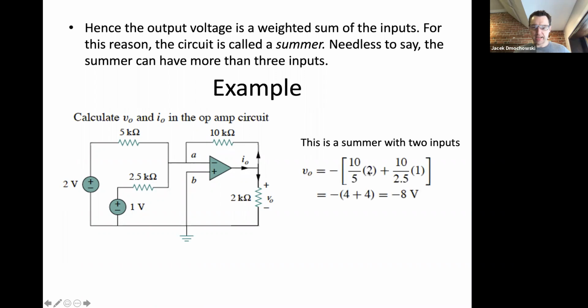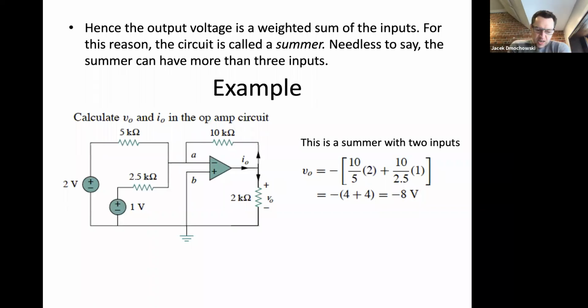So 2 times 2 plus 4 times 1 equals 8, and all of that gets a minus sign. And so our output voltage here is equal to -8 volts.